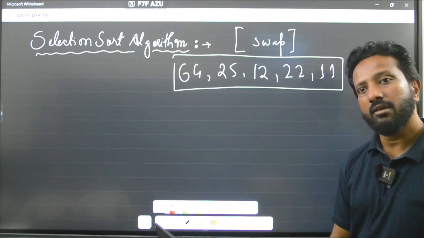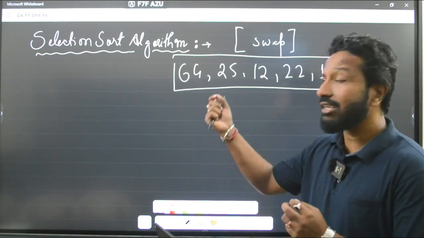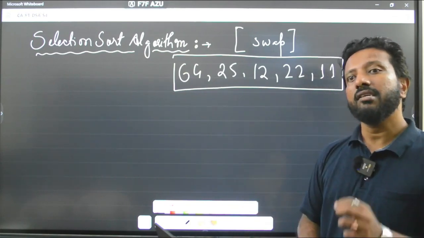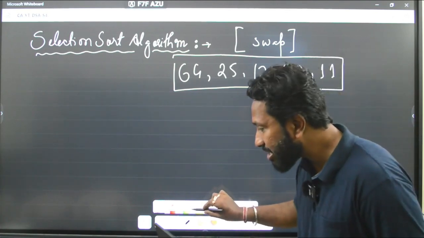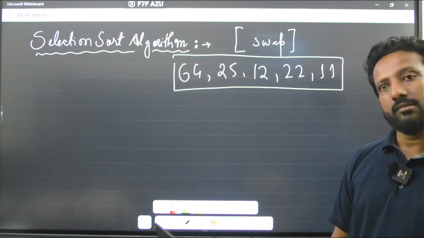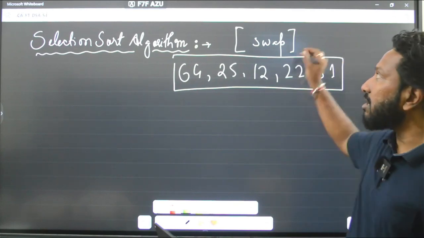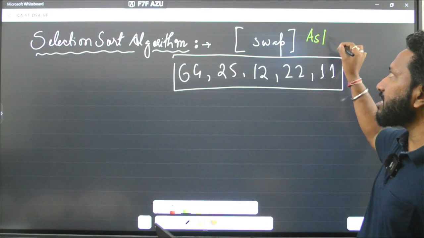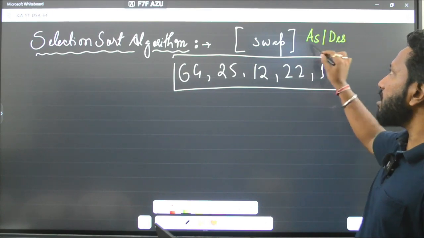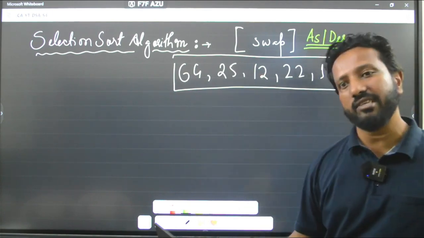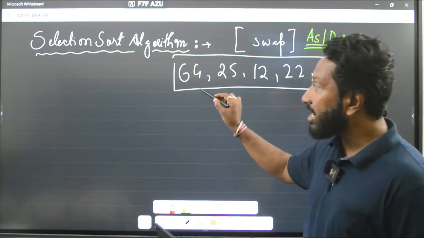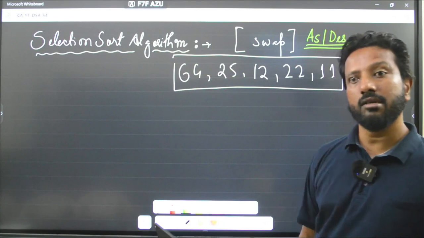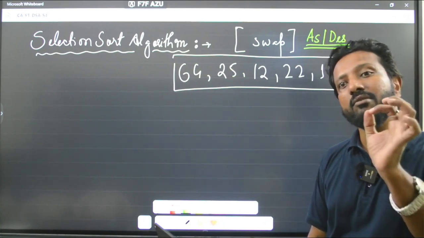Fine. So, what does the selection sort algorithm say? Selection sort algorithm says that at every iteration we can have ascending order or descending order, right? Suppose we are talking about ascending order only. So, at every iteration, at each correct position, the least value will be stored.